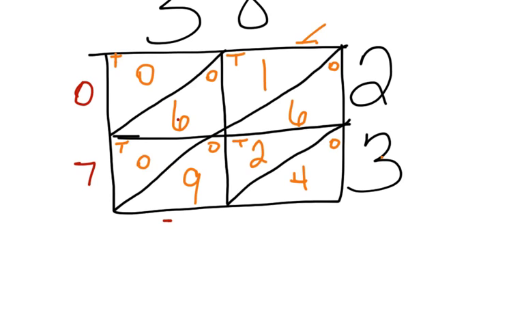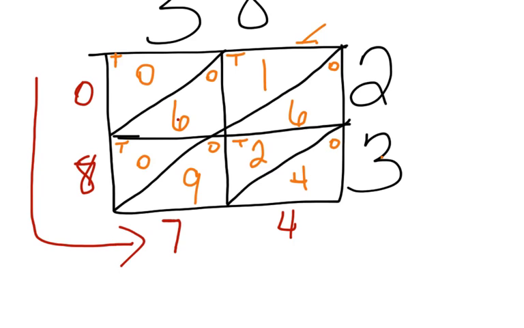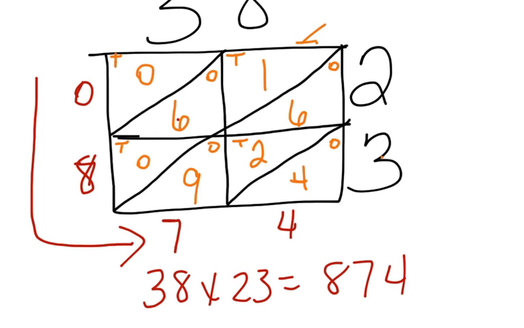So you bring down your 7 and you regroup your 1 over to this side, which is going to give you 8. And then you bring down your 4. And the only thing you do is you put the numbers together by going around the box that way. And your product of 38 times 23 is 874.